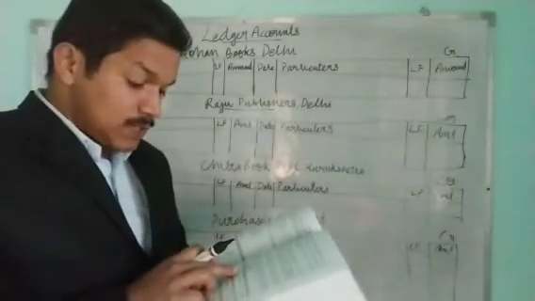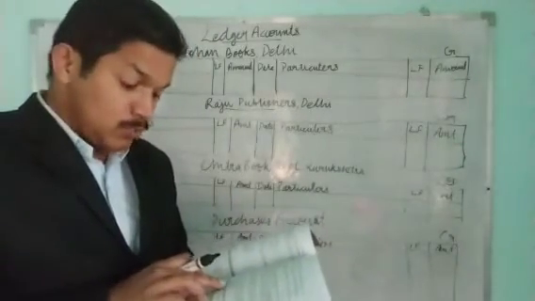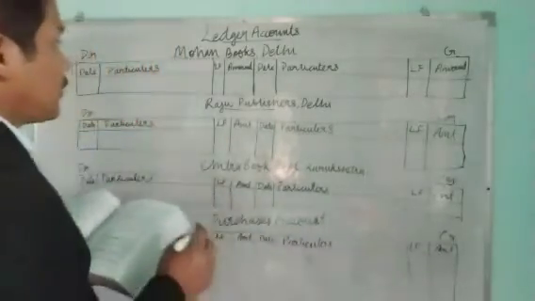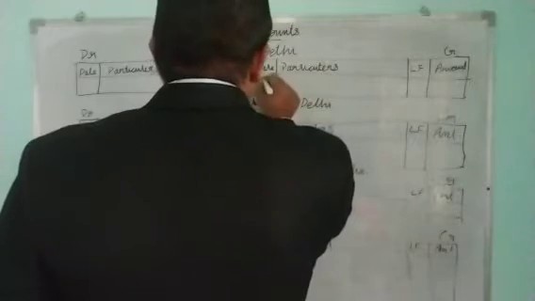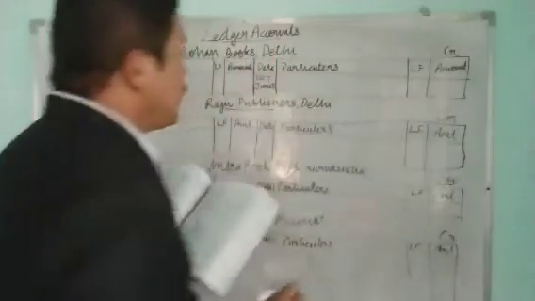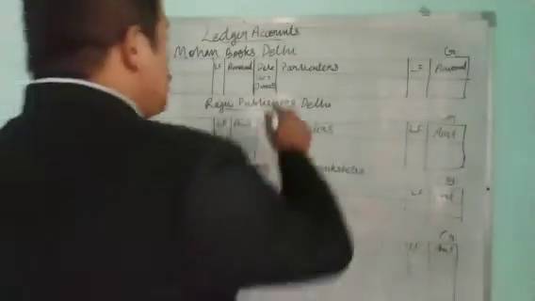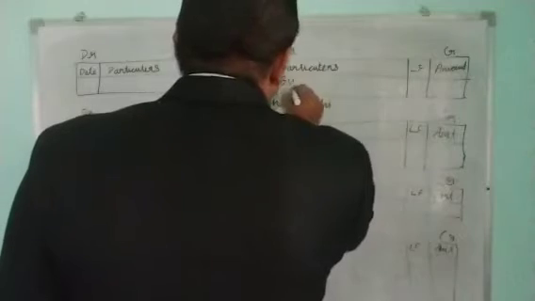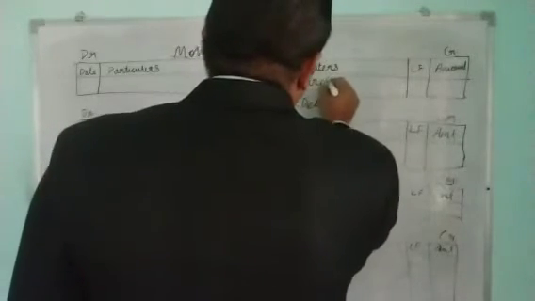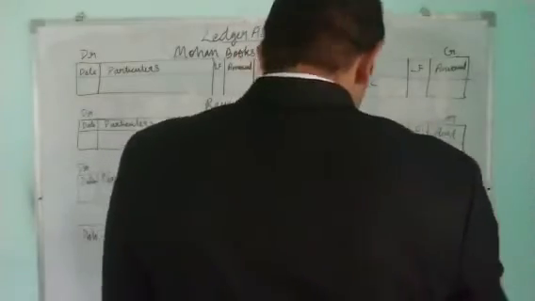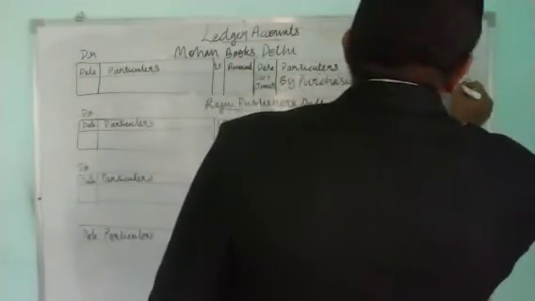Like here, first is Mohan Books, Delhi. That purchase was made on the 5th of June, so we mention 2017 June 5. The date is to be mentioned, and in particulars we write 'by purchases account', and only the total amount.